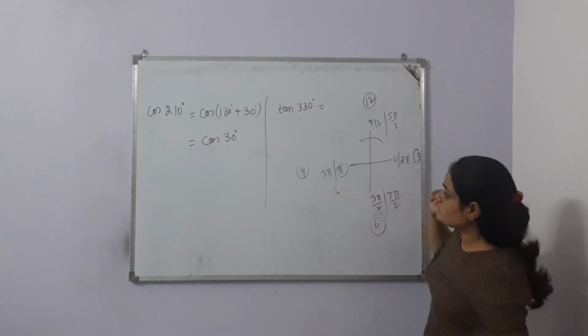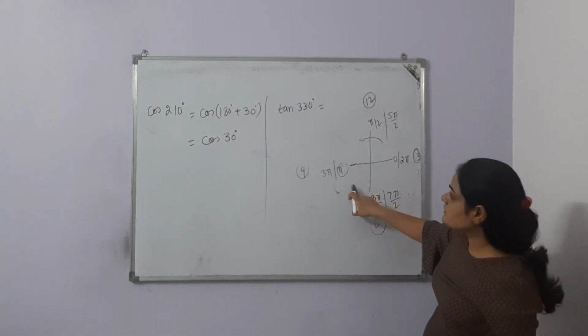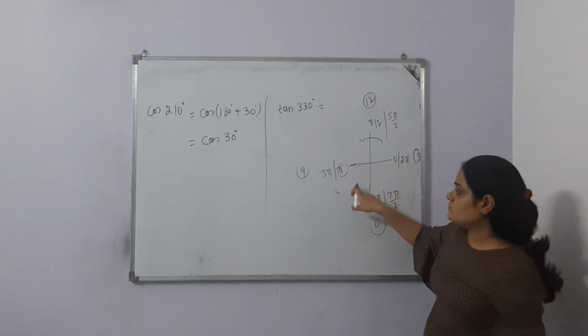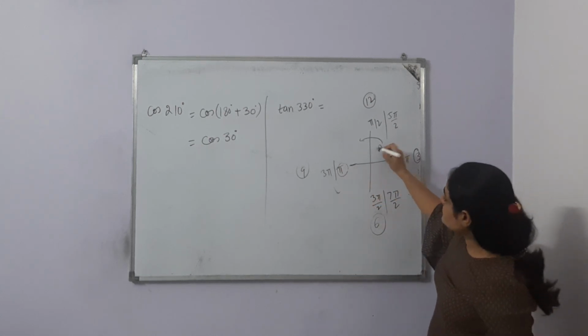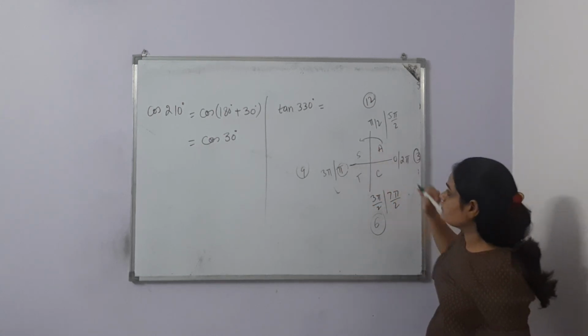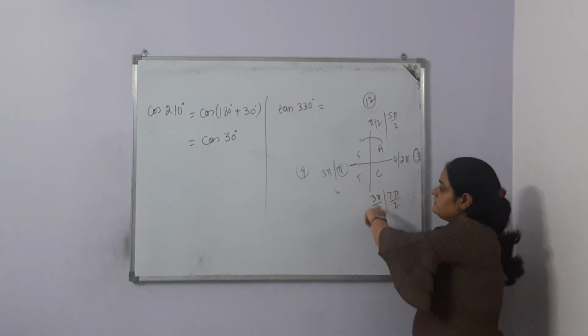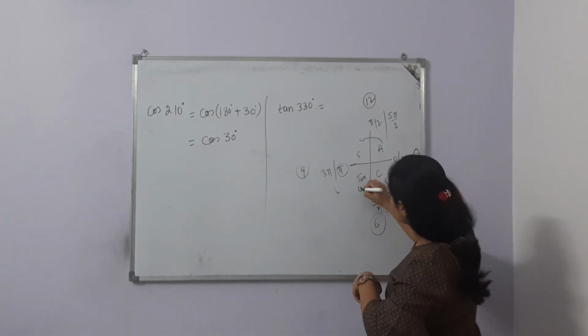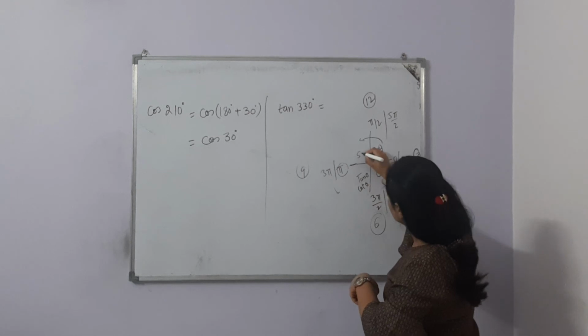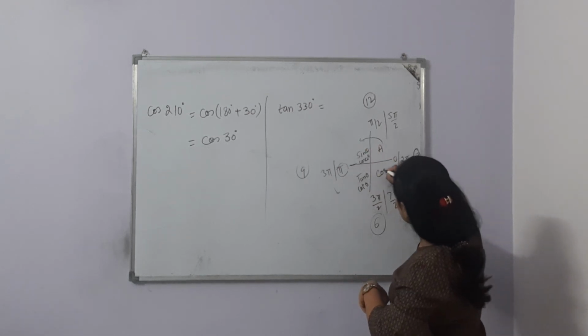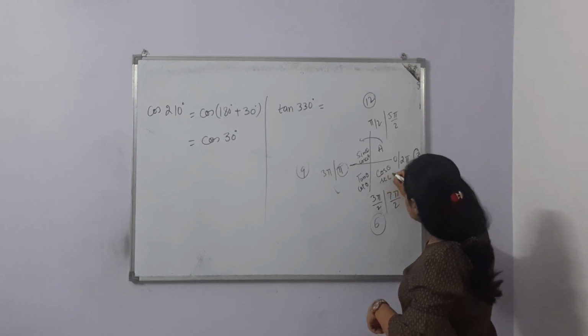Anti-clockwise direction is positive, plus, and this is your third quadrant. Of course pi is this line. In the third quadrant tan and cot are positive.